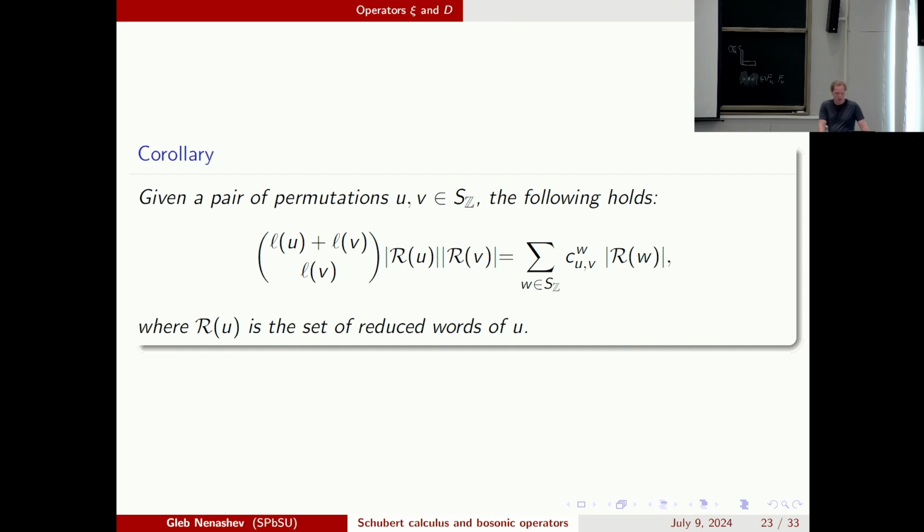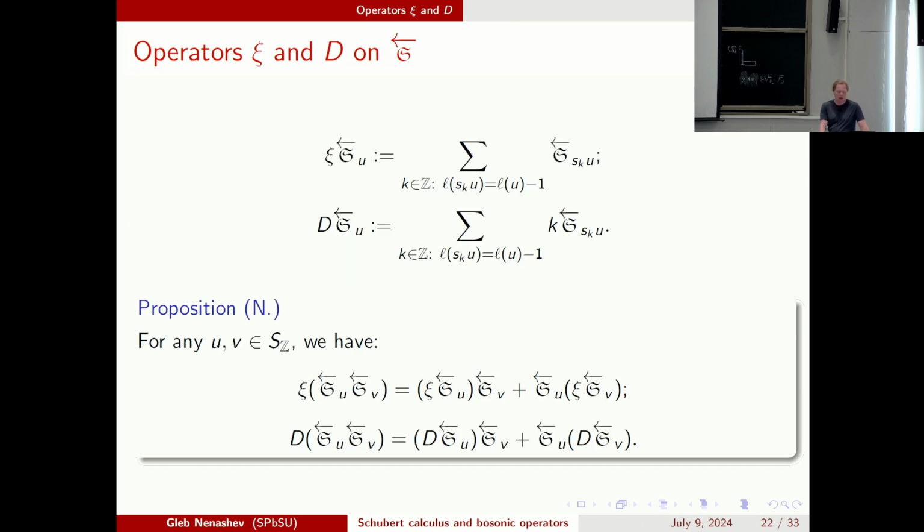For xi, it's really natural because xi you can also write in terms of variables. It's also just a limit, which is even more natural than D. But my motivation was to solve the product. Of course, I didn't do it. Maybe yet, maybe never.